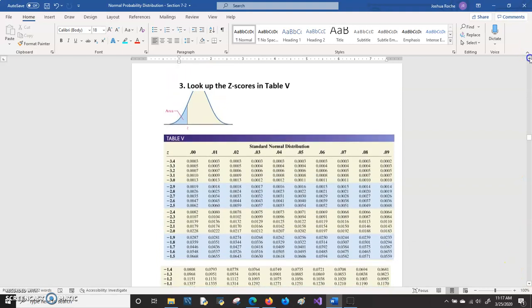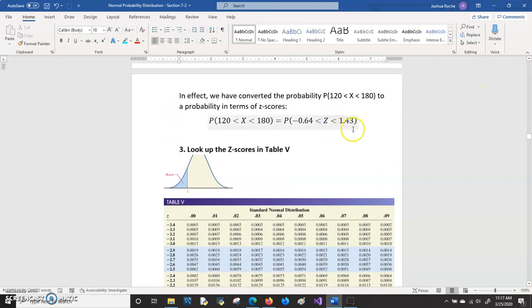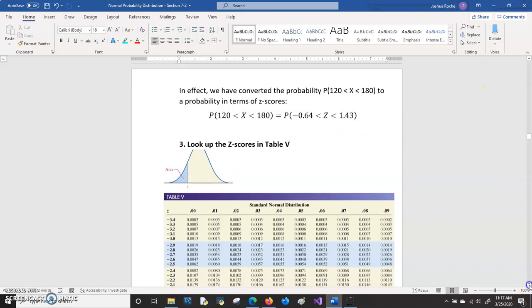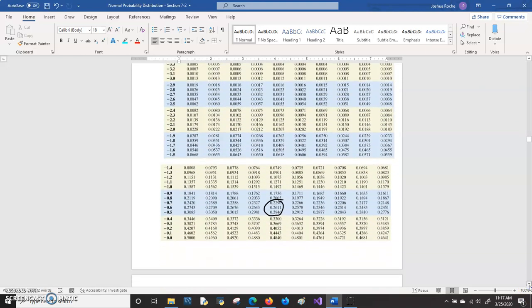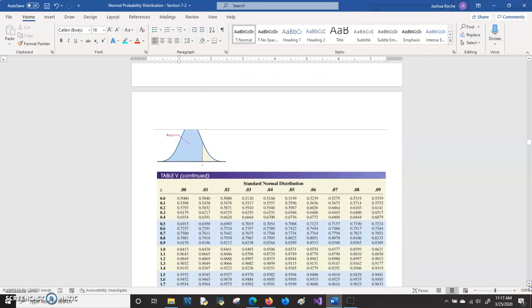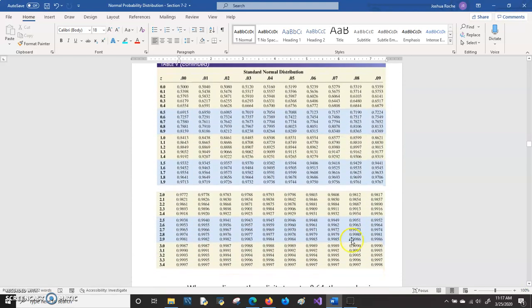We'll find the value for the other z-score, 1.43. Here's 1.43. It looks like they line up right here at 0.9236.